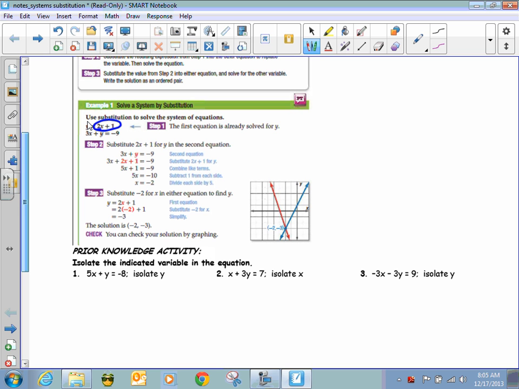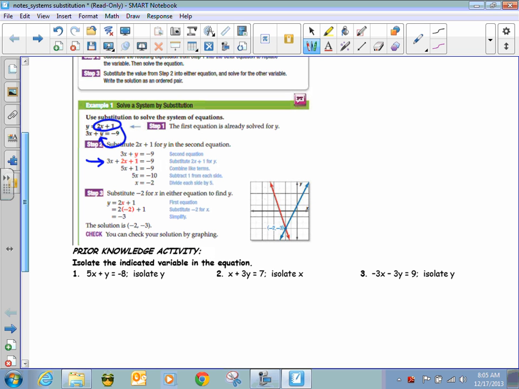If y equals 2x plus 1, we can use that and substitute it into the second equation. And that's exactly what this example is showing us. If 3x plus y equals -9, that's the second equation. Well, now we're saying y is 2x plus 1. So 3x plus 2x plus 1 equals -9. See how they took that and substituted it into the equation.